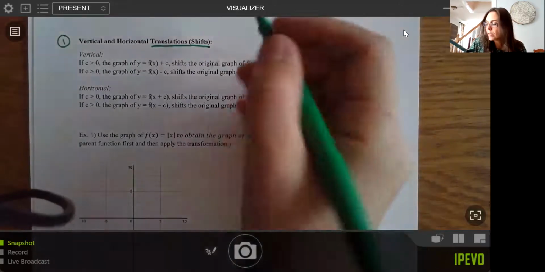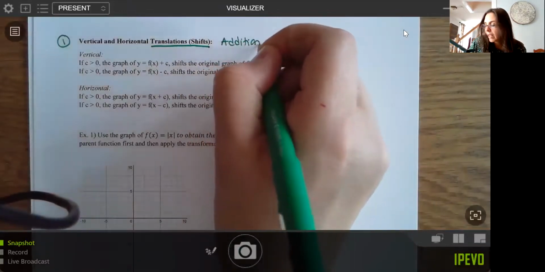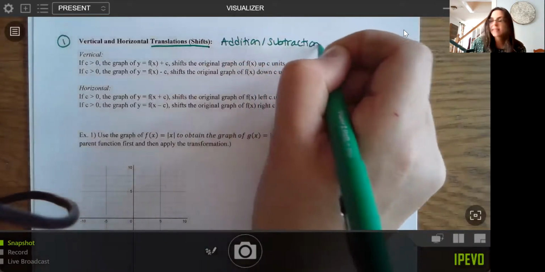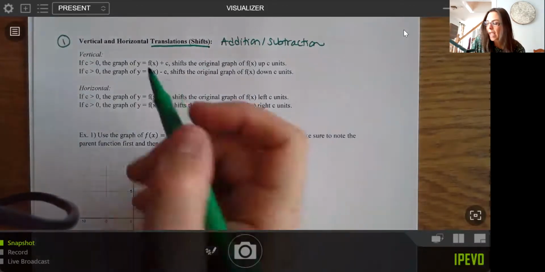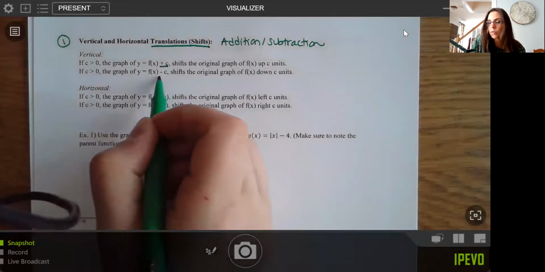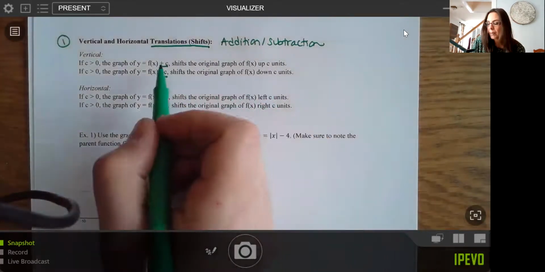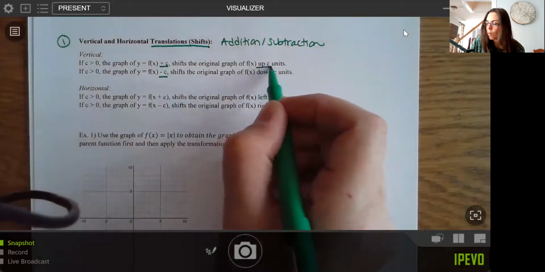And what's going to happen is you tend to see addition and subtraction as the change to the function. So for instance, let's say you're starting with a basic function. Perhaps you add something to it, or perhaps you subtract something from it. And when this change happens outside of the function, it shifts the graph either up or down.